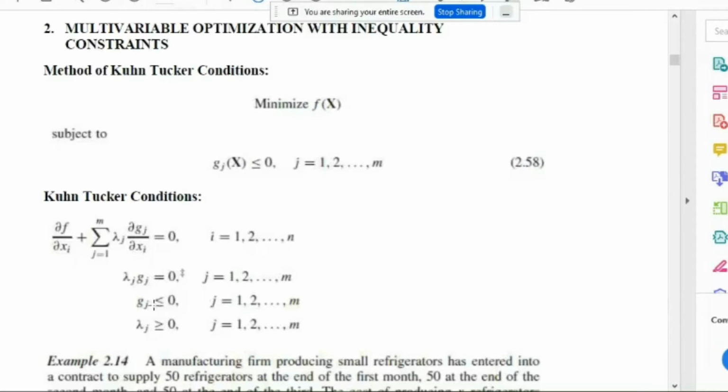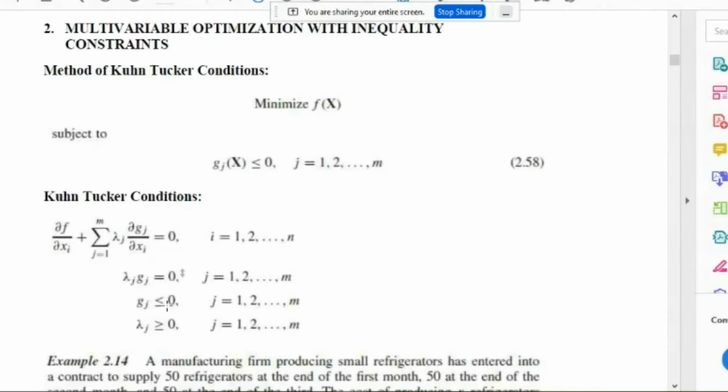If the constraints are greater than or equal to 0, then lambda j must be less than or equal to 0. If the problem is minimization type, the signs of these two conditions will be opposite to each other, so gj(x) and lambda j inequality signs will be different.